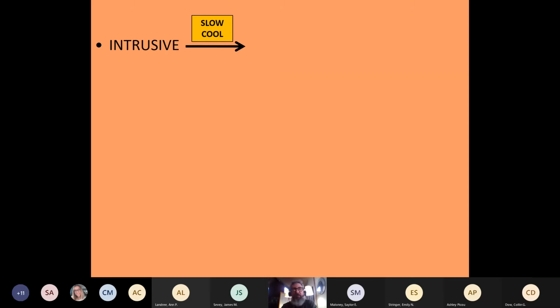This is because the conditions below the surface are high pressure and hot. The surrounding rocks, if the magma is making its way up through surrounding rocks and intruding them, those surrounding rocks might be almost as hot as the magma itself, which means they do a really good job of insulating that magma from cooling. Intrusive rocks, for this reason, because they're so insulated by the surrounding hot earth, tend to cool really, really slowly.